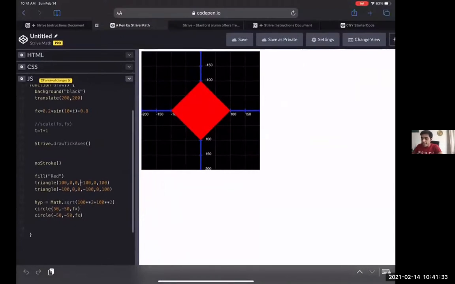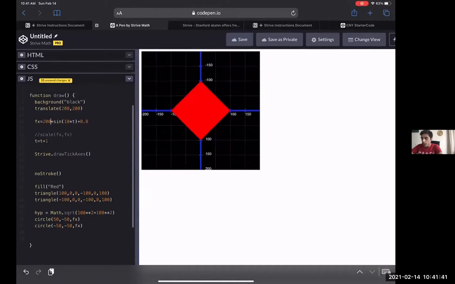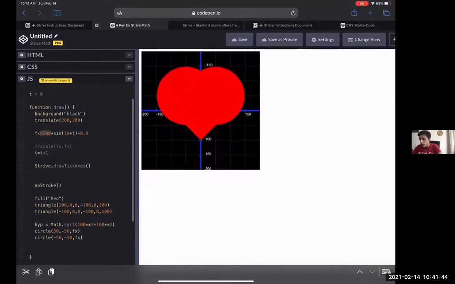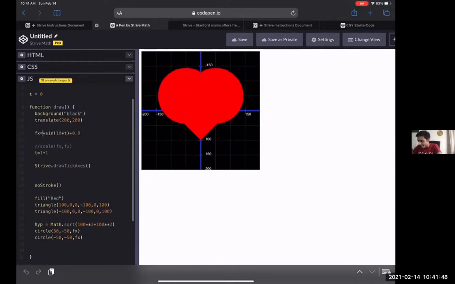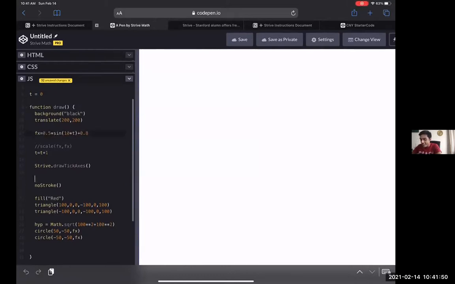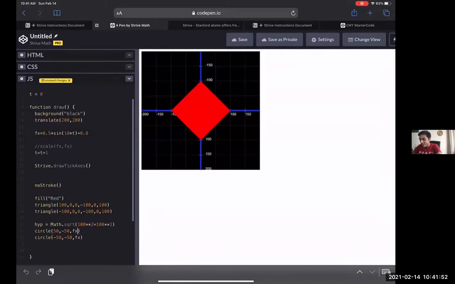What I want to do is increase the amplitude of f of x. So let's increase it to 200. I will put a 200 before sine. Follow along here. It looks so weird. All right, let's move this back to 0.5. Okay, this was hype.